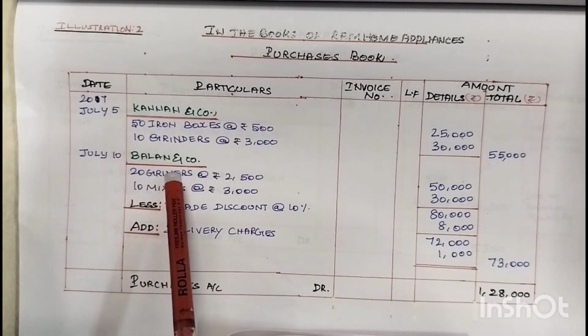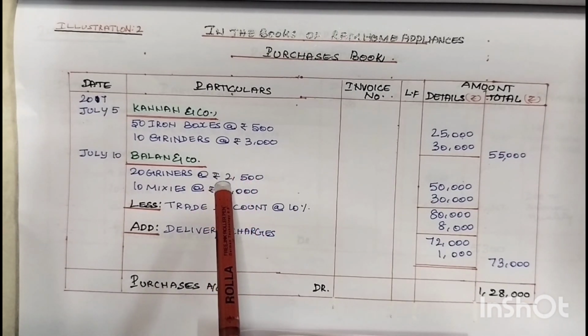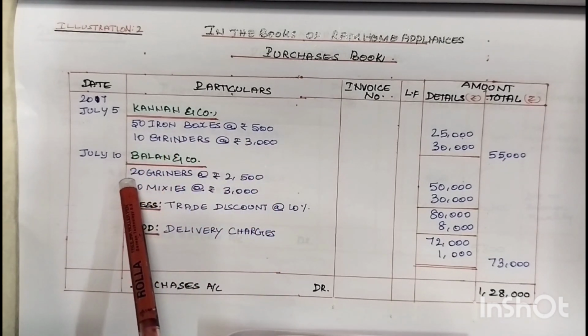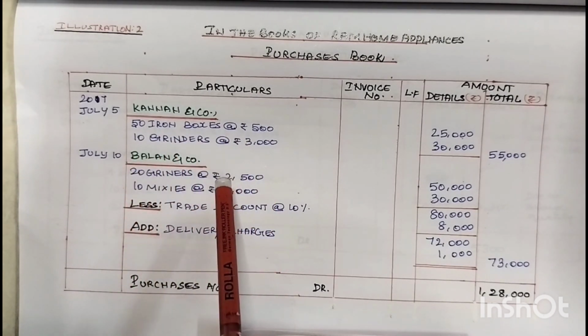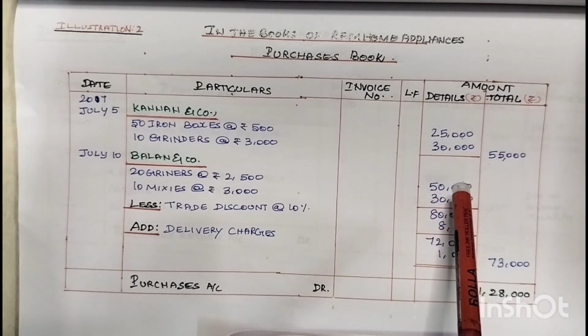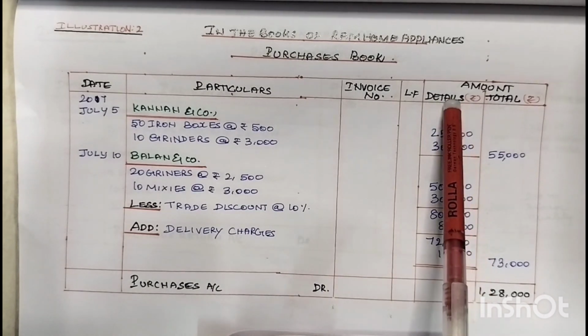So 20 grinders at rupees 2500. One grinder rate is rupees 2500. How much for 20 grinders? We have to multiply 20 into 2500. We got 50,000 rupees. So 50,000 rupees we have to record into the detail column.